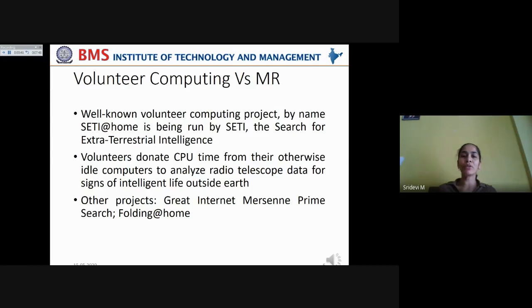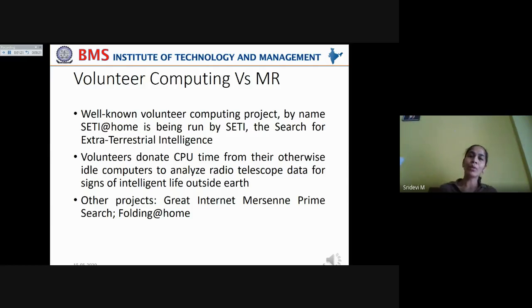You can just register to this SETI at Home project so that when your computer is idle, when your CPU time is available, they send you chunks of data, work units of data, so that you can keep running them. They will take around 2 to 3 days to run each work unit, and the results of that analysis are sent back to them so that you receive newer work units to analyze when your computer is free.